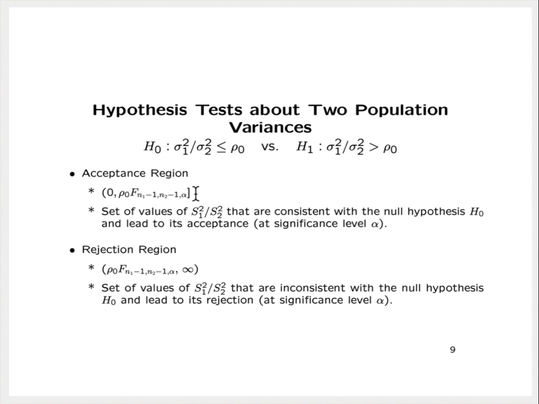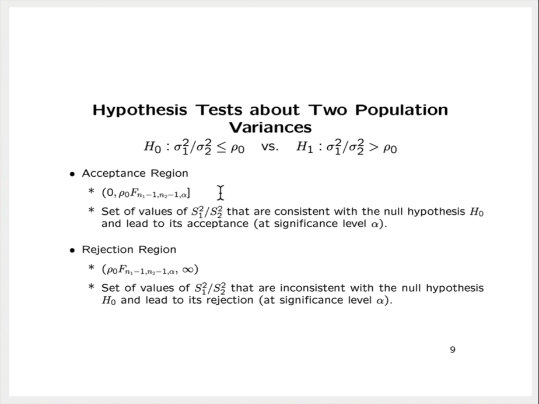This interval is obviously open on the left but closed on the right. And so this acceptance region consists of the set of values of the ratio S1 squared over S2 squared that are consistent with the null hypothesis and lead to its acceptance at a significance level of alpha.